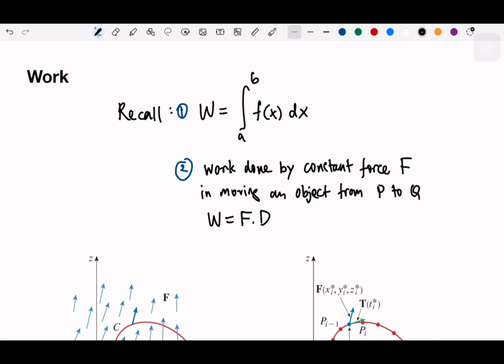So it's force and the displacement vector, which is D, is a vector defined from P to Q. Okay?